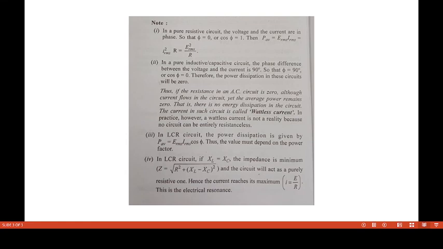We've seen the impedance value in the LCR circuit, and we have also seen the condition of resonance, which has wide applications like radio tuning, which we have discussed in the class. And finally, we've seen the power in the AC circuit. Thank you.